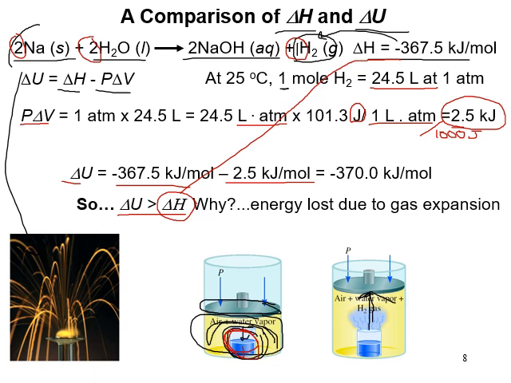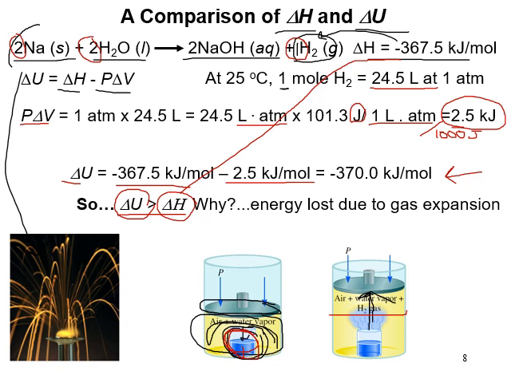Now that's determined by temperature changes, not expansion. So you would have to look at it in a chemical experiment such that you could track that change in volume, which would enable you to then calculate the change in internal energy. So energy is lost if you have to add it back in here due to that gas expansion.